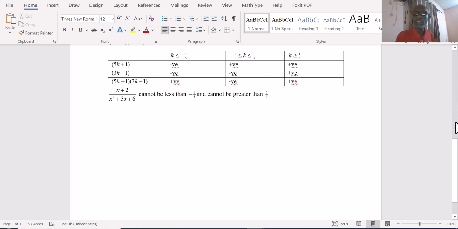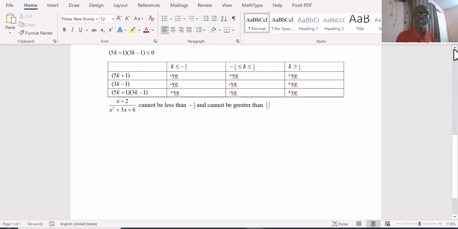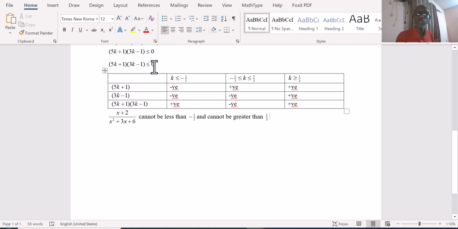By the time we calculated, we got something less than or equal to 0 from this expression that we have here. But on these two sides, it is positive. So the value of this expression cannot be greater than 1 over 3 nor less than minus 1 over 5.